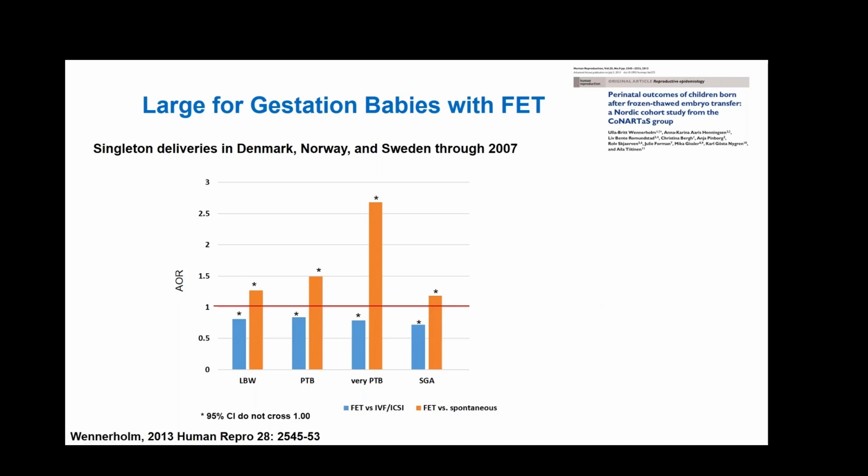Frozen as compared with fresh transfers is shown in blue. So this is frozen compared to fresh. These show, again, the lower risk of low birth weight, preterm and very preterm delivery, and small for gestational age. Seen in orange is the higher rate of these outcomes when compared with spontaneous conceptions.